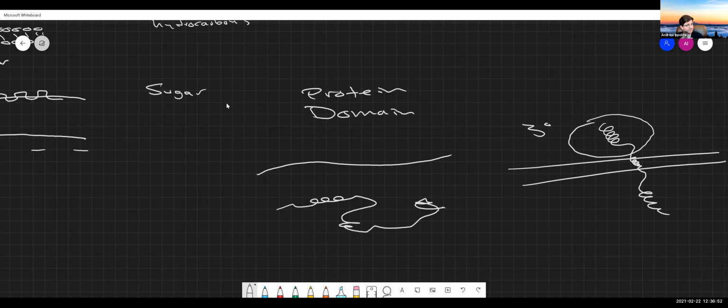Okay, so here's my question to you guys. Which part of the protein would a hormone bind to? Or if this was a receptor on the cell's membrane, which domain of the protein would be the part that binds to the important signaling molecule?